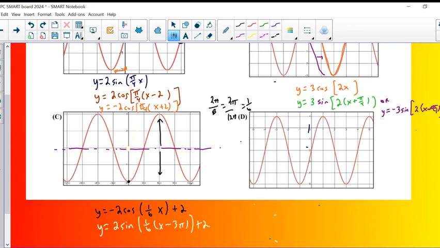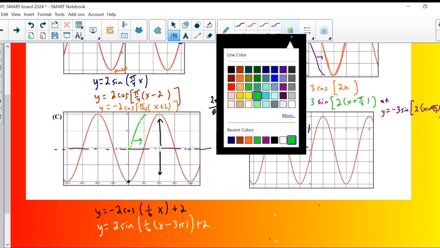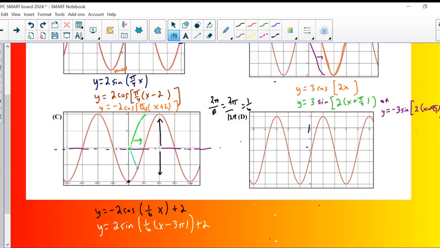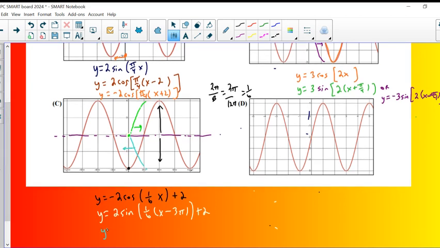Again, your sine wave starts here, and so I just need to push that to the right 3 pi. Maybe you saw it as a negative sine wave. Again, you don't always have to do this, but if you saw it as a negative sine wave that shifted to the left by 3 pi, then you could have written it as y equals negative 2 sine of 1/6 x plus 3 pi. Don't forget plus 2.